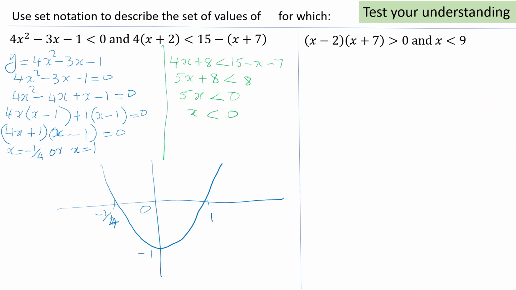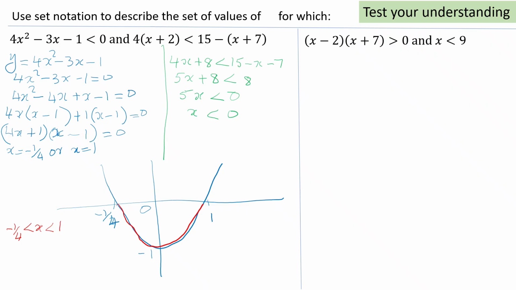The first inequality is less than 0, so below the x-axis, this part. So minus a quarter less than x less than 1.